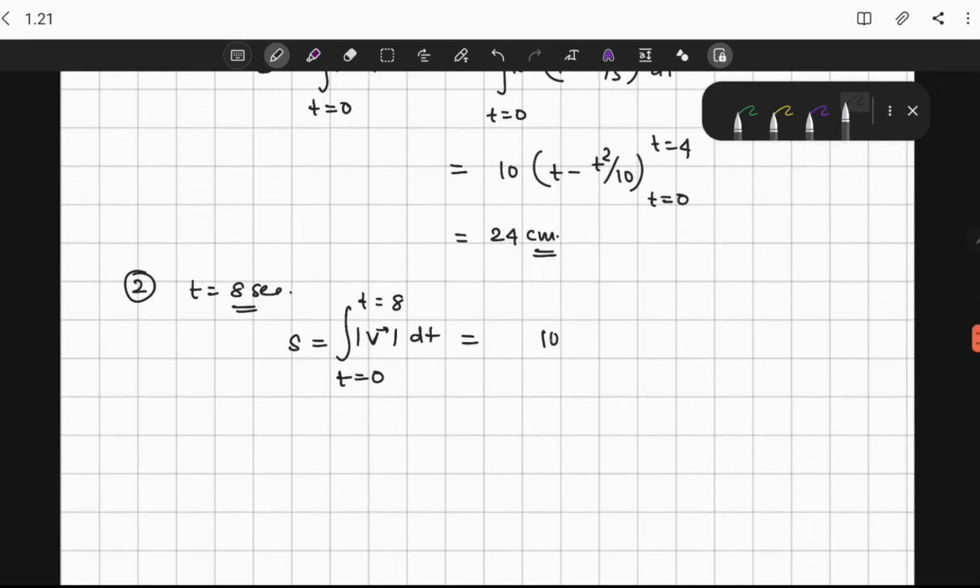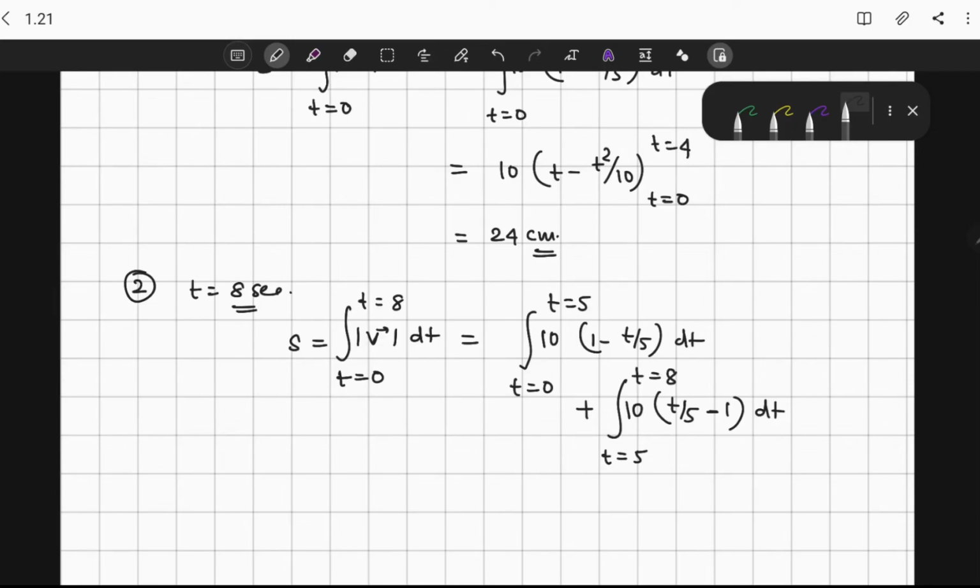So we can write it as integral of 10 times (1 minus t by 5) dt from t equal to 0 to t equal to 5, plus integral of 10 times (t by 5 minus 1) dt from t equal to 5 to t equal to 8 seconds.